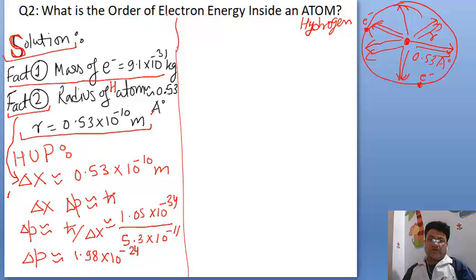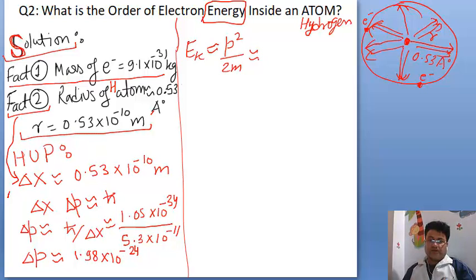Now we want to know the energy of the electron. What formula are we going to use for energy? Let's stick to the kinetic energy formula. Kinetic energy is p square by 2m.